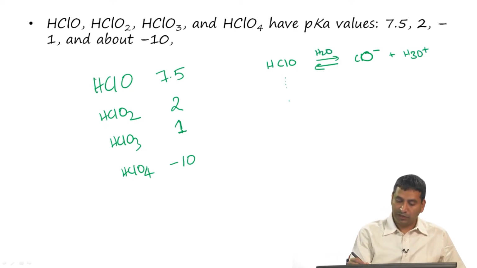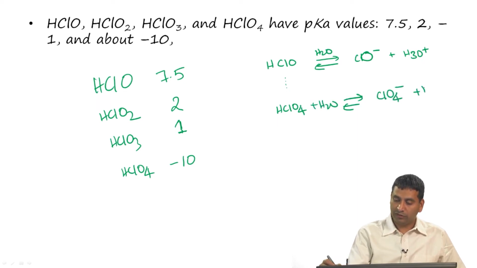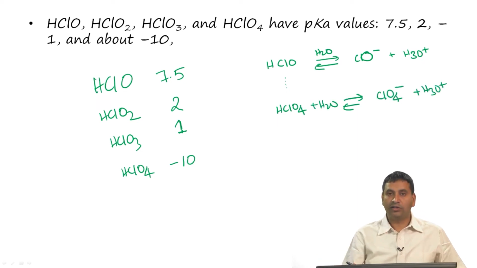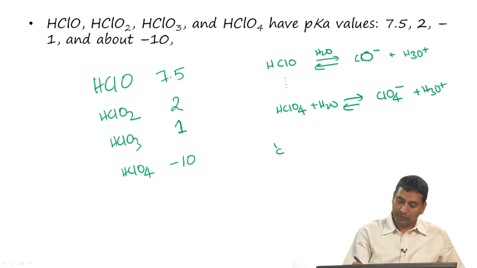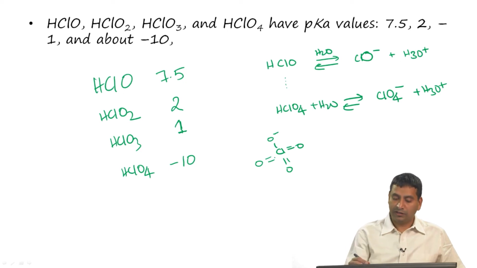Now, if you do the same analysis for HClO4 plus H2O going to ClO4 minus plus H3O plus, then you will understand that perchlorate is actually a species like this, and this can participate in resonance, and you will have ClO minus double bond O and so on and so forth.